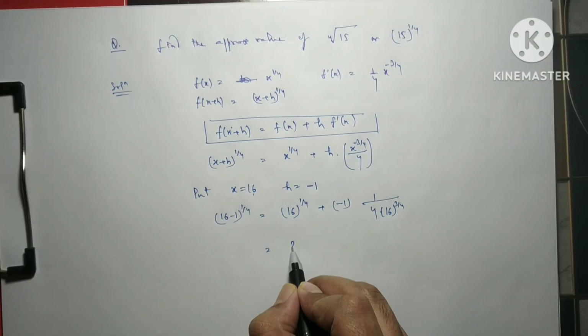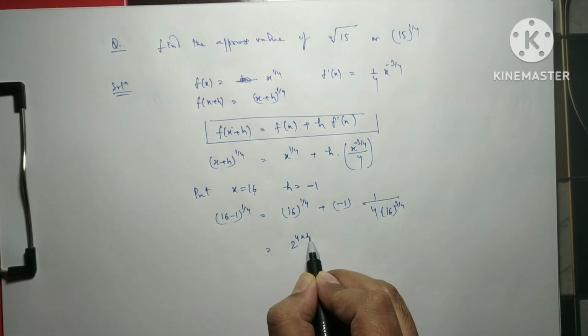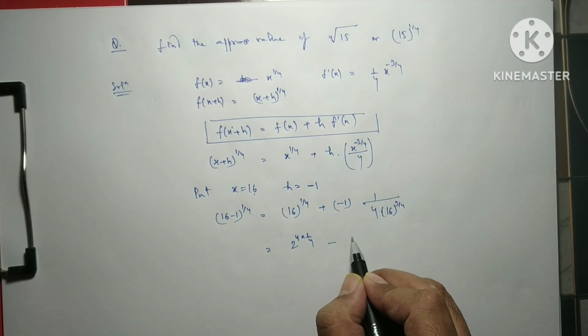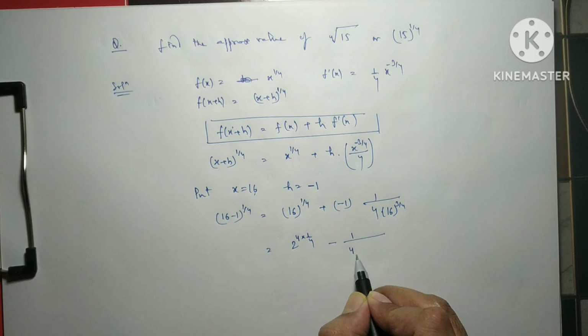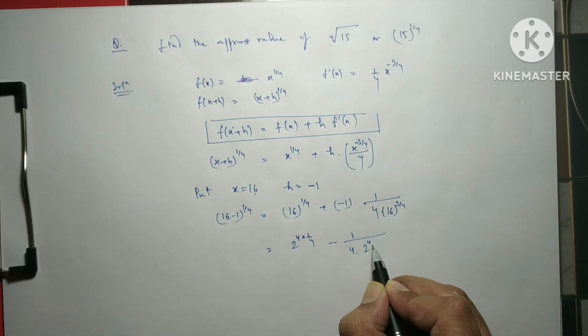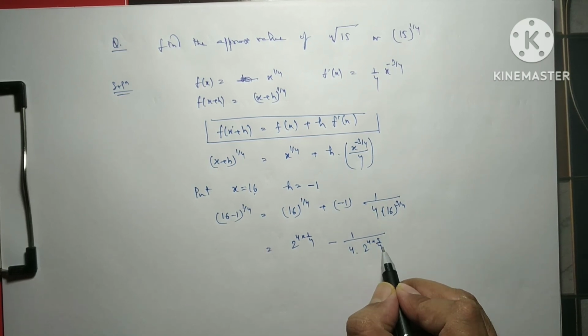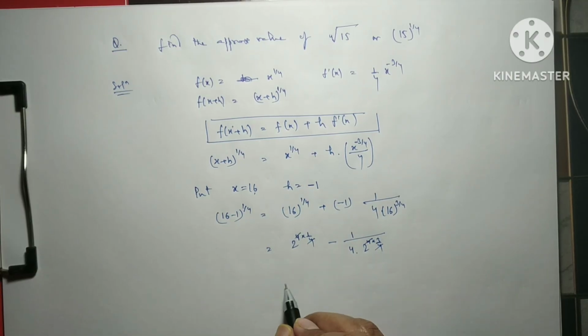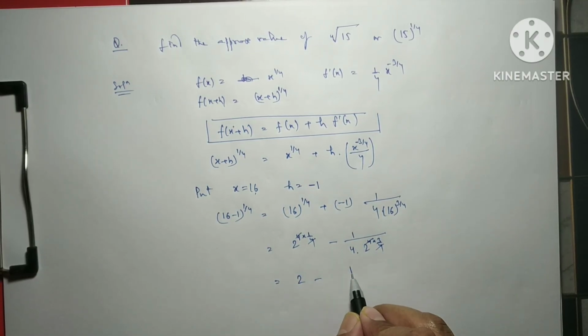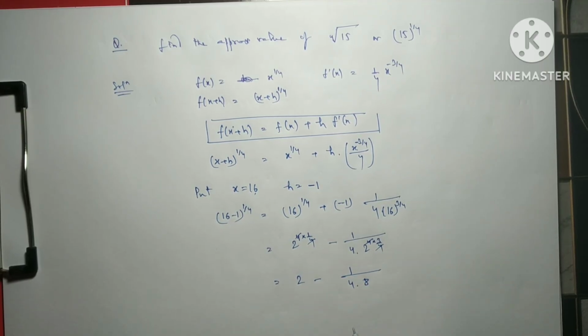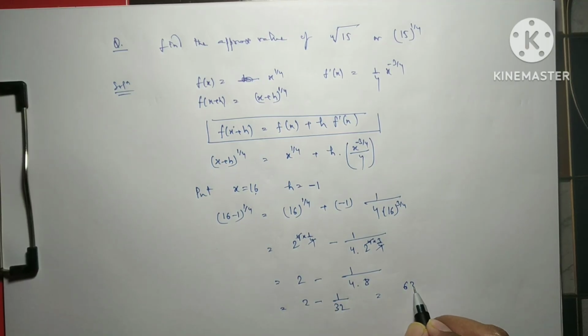So it is 2 to the power 4, and this is 1/4, and this is −1. 4 into 2 to the power 4 into 3/4, so cancel these, so you get 2 minus 1/(4 into 2 cube). 2 cube is 8, so you get 2 − 1/32, so it will be 64 minus 1, it is 63/32.